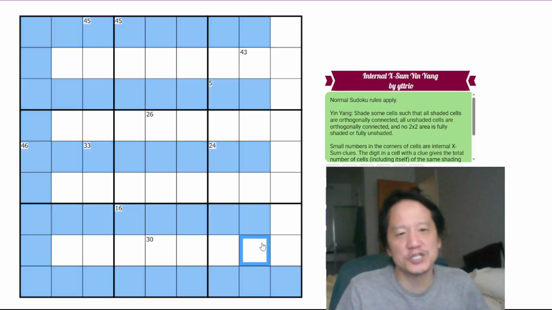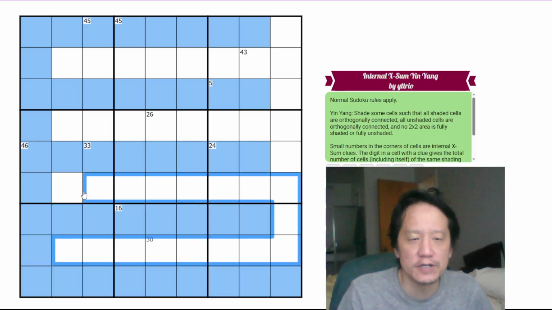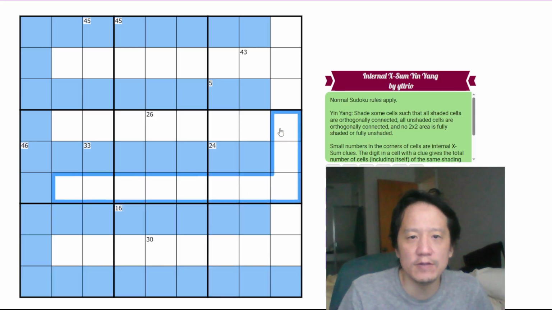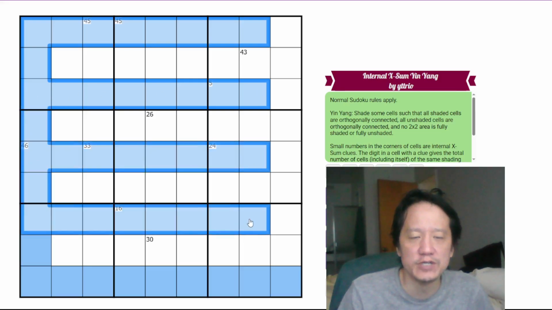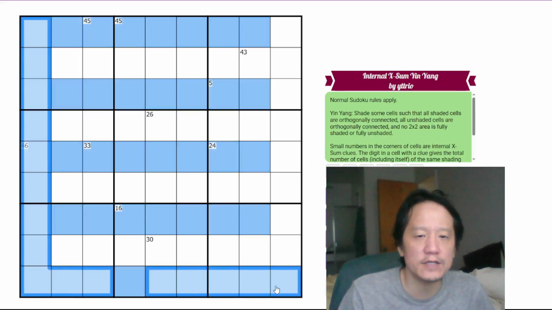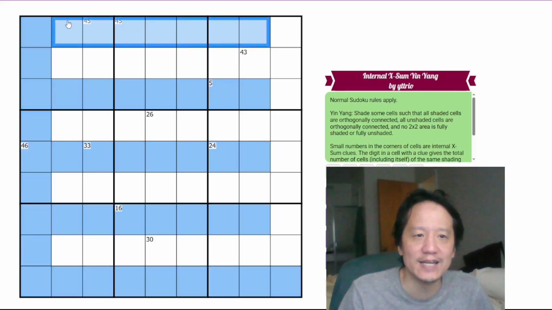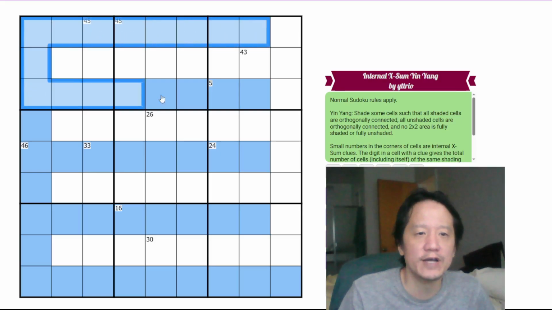But we could have shading here, right? So this would be shaded and the rest would be unshaded. And the shaded cells all form a contiguous region, which is all orthogonally connected, which means that if you try to go from any cell in the shaded region, you could go to any other cell in the shaded region, staying within the shaded region just by going through edges.